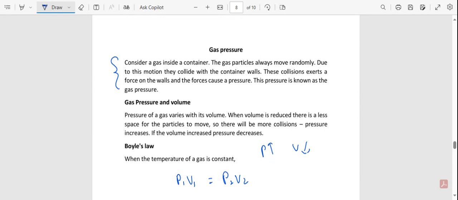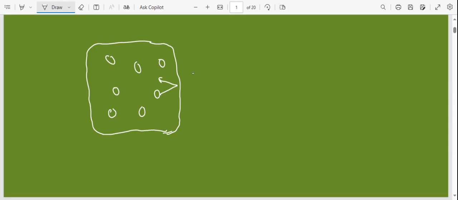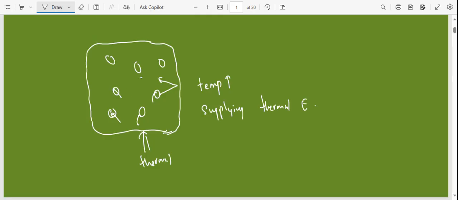Right. So when they move, they are exerting pressure. If you increase the temperature, remember that means you are supplying thermal energy. So when you supply thermal energy, the heat will be absorbed by these particles.